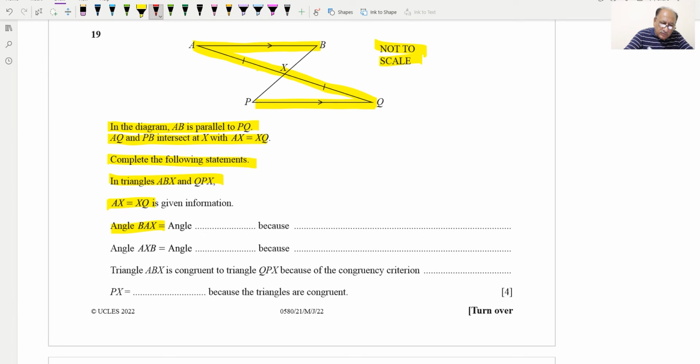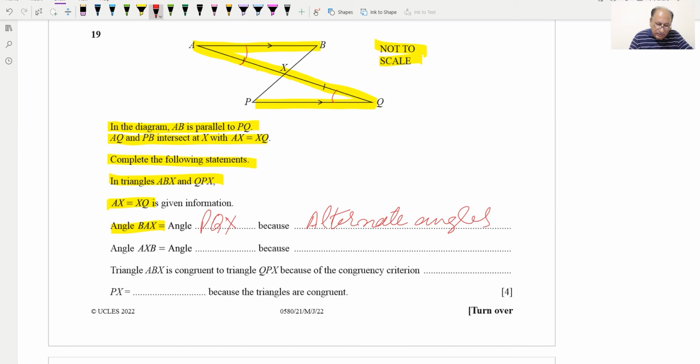These two angles will be equal, this one and this one, because they are alternate angles. So we will write here PQX, and the reason will be alternate angles.